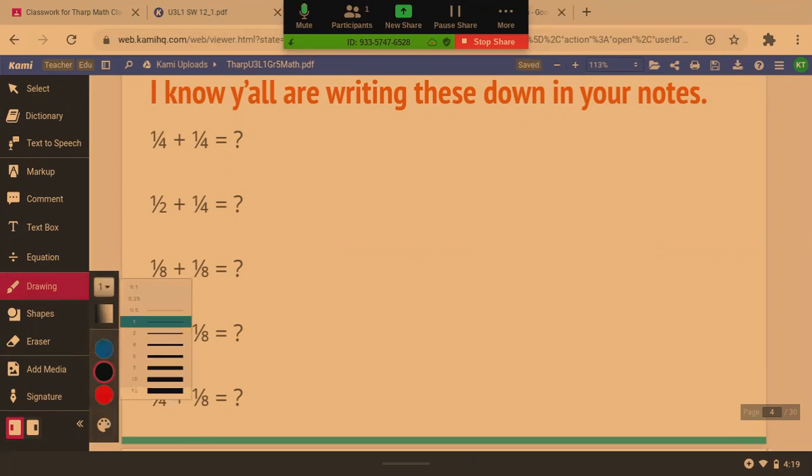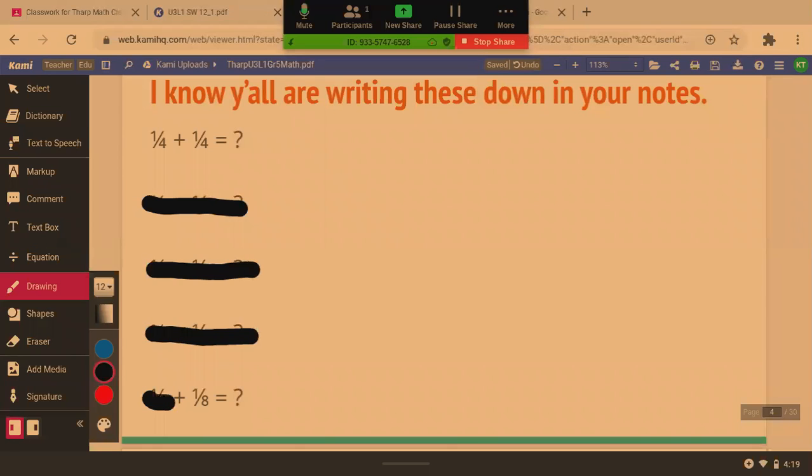I'm going to draw so that we cover these because I want you focusing on the first one. We will get to the other one soon enough. So when we add fractions, the denominators need to be the same.